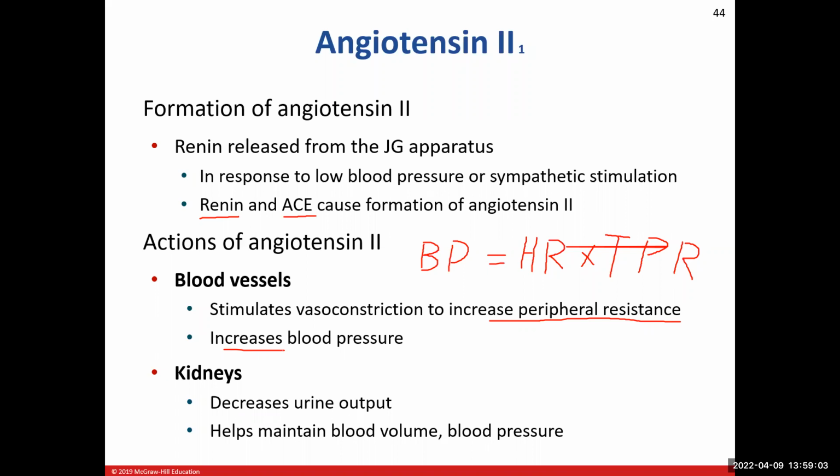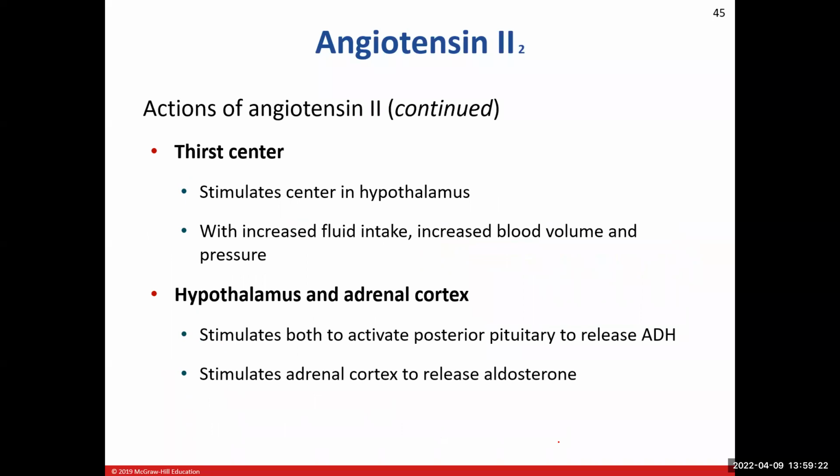Then the kidneys will start to decrease the urine output, thereby increasing or maintaining our blood volume. And so if you are maintaining or increasing the blood volume, you are going to increase the blood pressure. And so that is how angiotensin 2 is going to affect the kidneys. But we're not done with angiotensin 2. No, not at all.